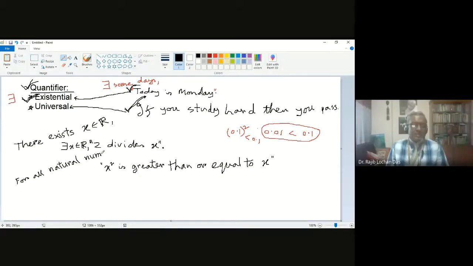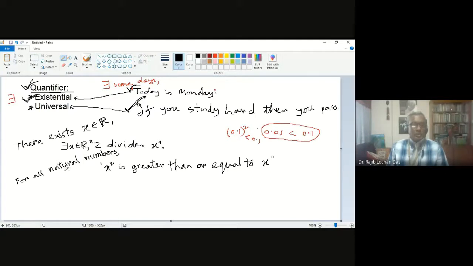Then I will not take 0.1, right? So if I write all natural numbers, then it is universal. Yes, it is universal now, because I'm not taking 0.1. 0.1 is not a natural number. Natural numbers are 0, 1, 2, 3, 4, 5, like that.